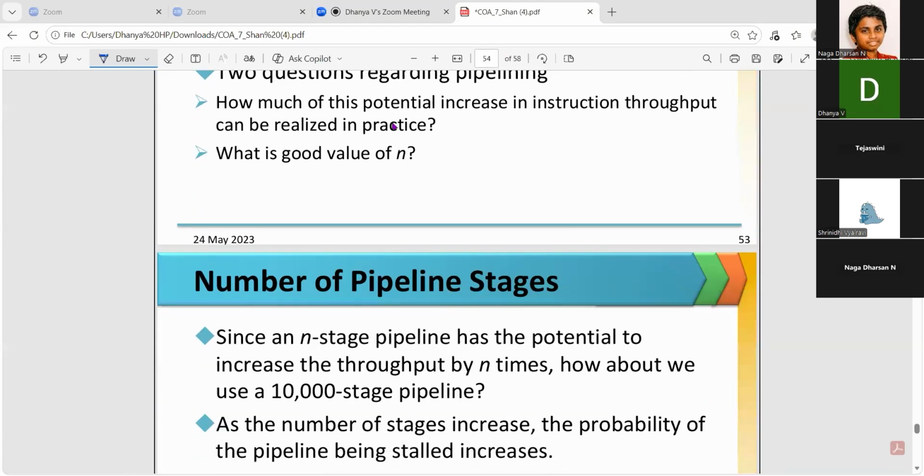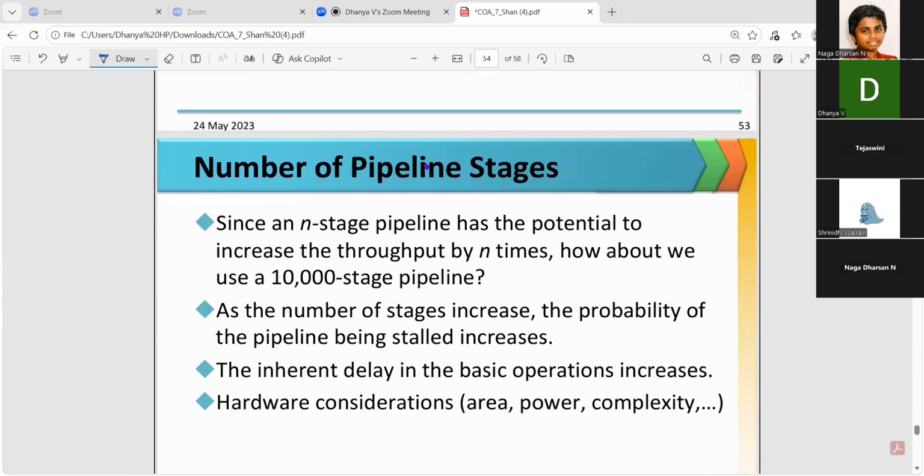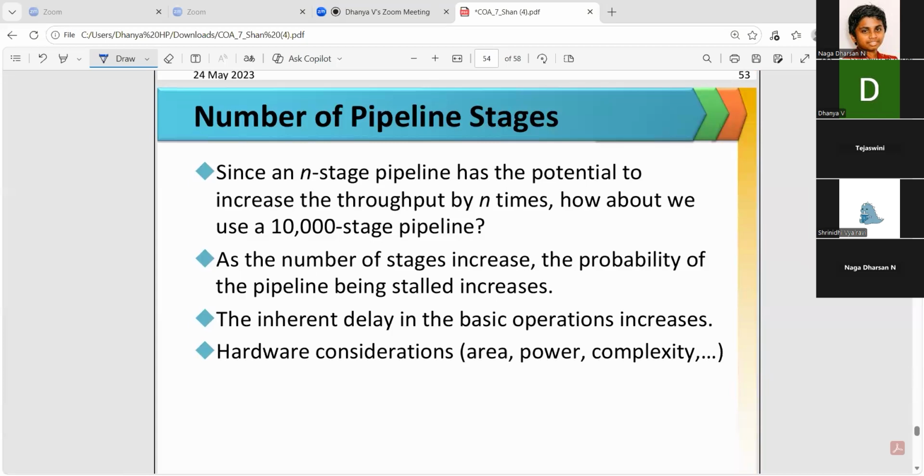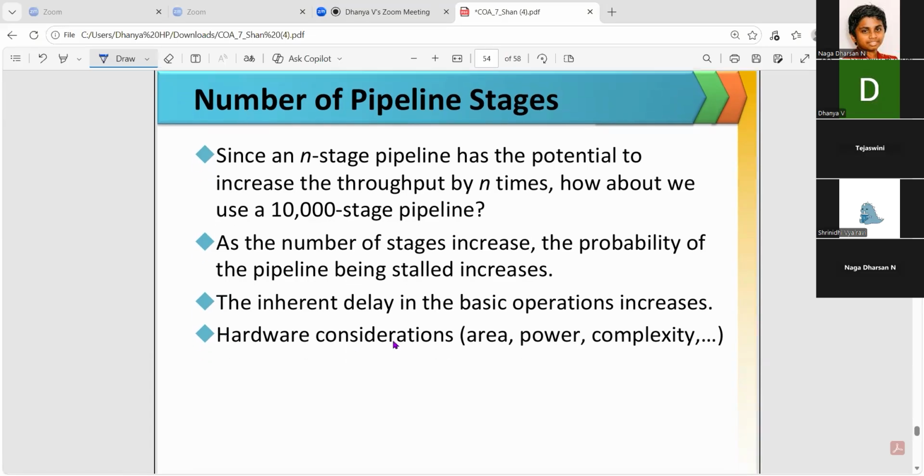So what is a good value of K is our question. How much can we increase? We can't just keep K at 10,000 and have 10,000 stages, right? We have already discussed this. We should have the number of stages in such a way that it doesn't defeat the whole purpose of pipelining. So we need to consider the hardware also.